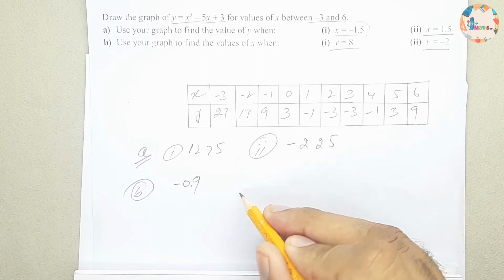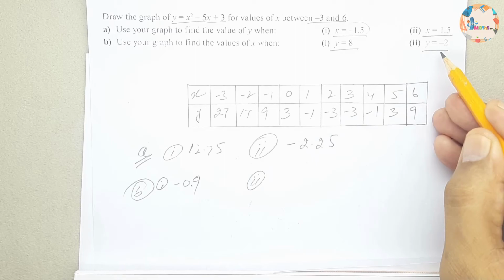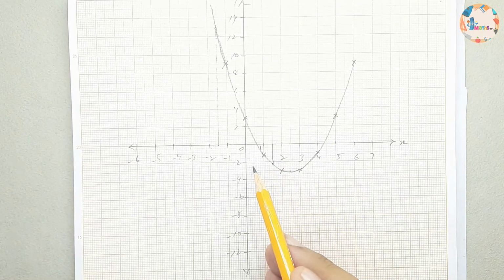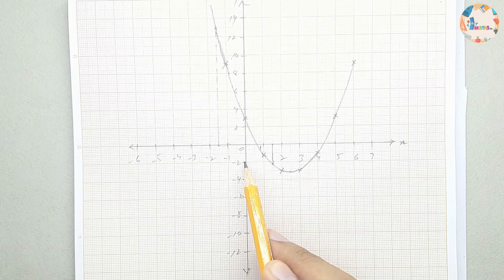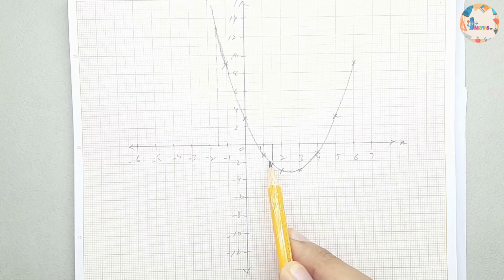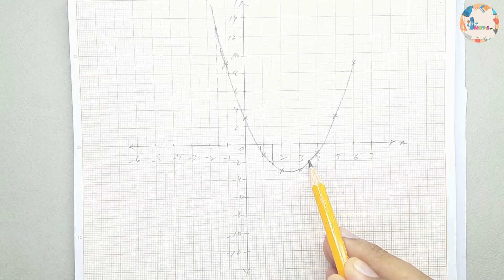So second, this will be the first part, and second part is y value is -2. So when y value is -2, -2 is over here, so x value will be this one and this one. There will be two values for x.